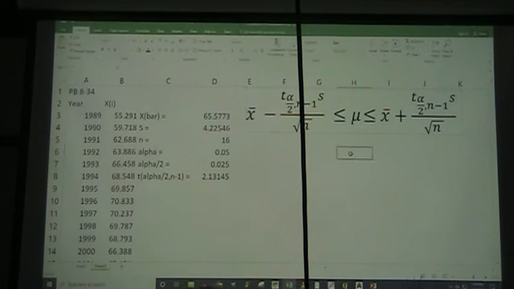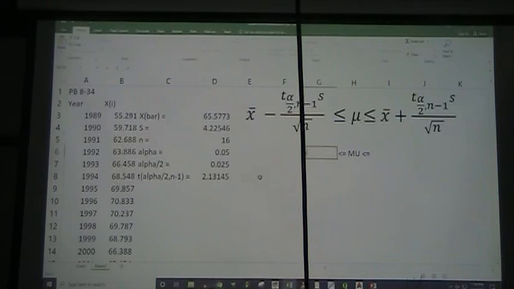All right, so we know this is going to be less than or equal to mu less than or equal. All right, so what is our lower confidence bound going to be?